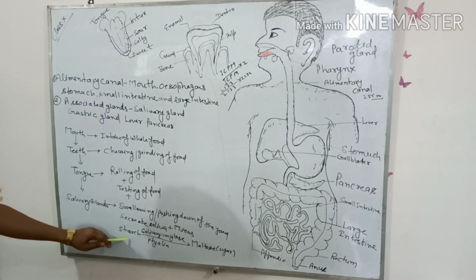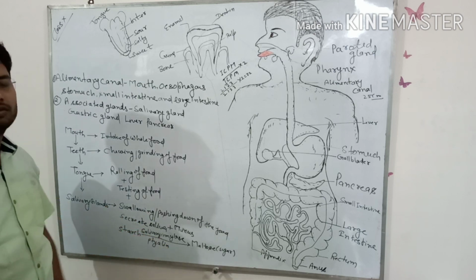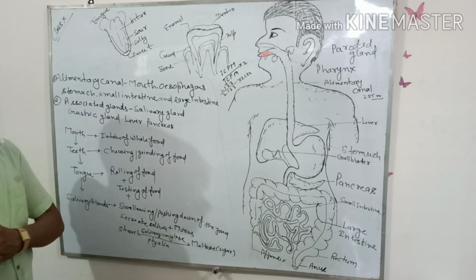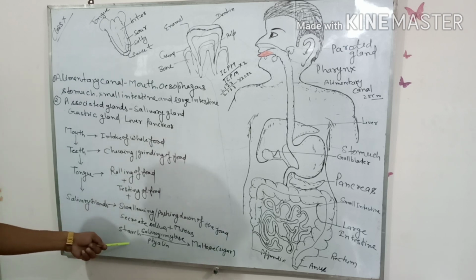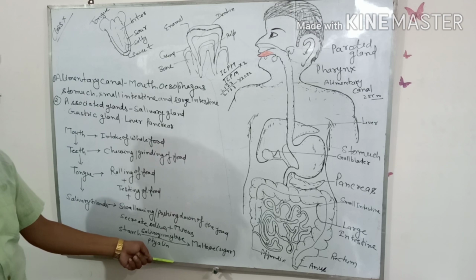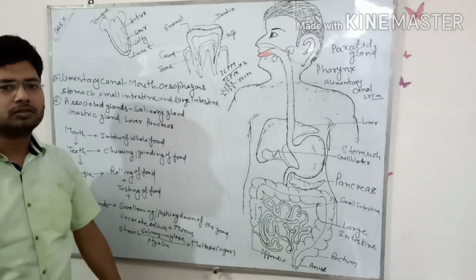Salivary glands convert starch into maltose, or sugar. Salivary amylase, or ptyalin, another way we can say it, converts starch into maltose sugar.